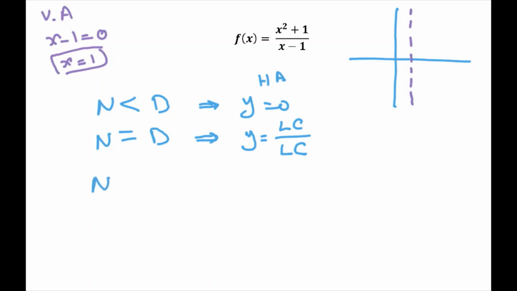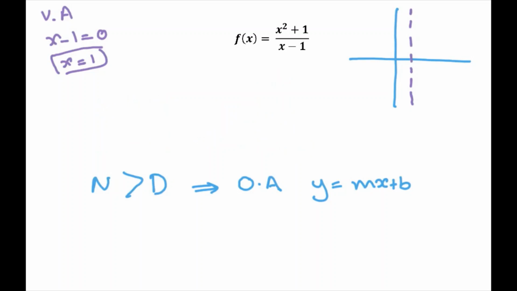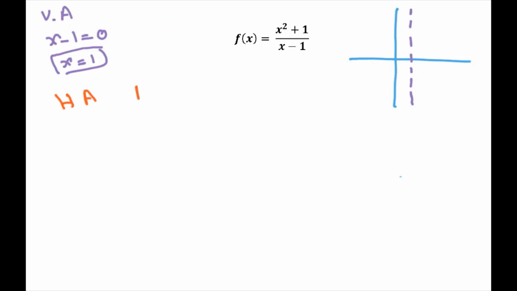And if the degree of the numerator is greater than the degree of the denominator, then we will have an oblique asymptote, and it will be written as y equals mx plus b. Okay, so now let's try to find the oblique asymptote, because we know it's going to be oblique. So one more time, no horizontal asymptote.